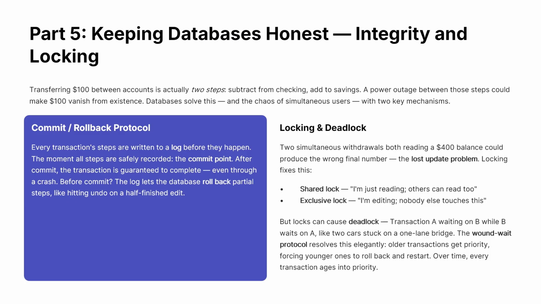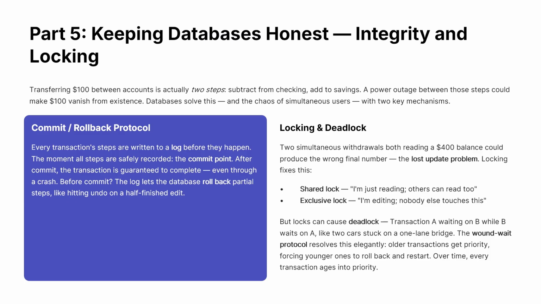Once you hit the commit point, the database is committed, guaranteed that this transaction will happen no matter what, even if the system crashes right after. But if a crash happens before the commit point, the database uses the log to roll back, basically undo whatever partial steps were completed, like hitting undo on a half-finished edit.